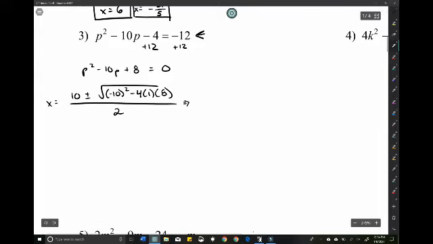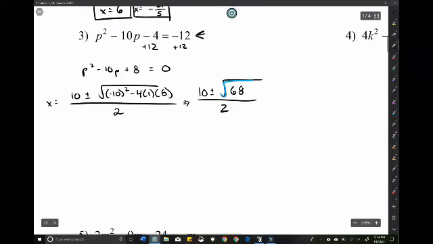Let's see what ends up happening. So 10 plus or minus the square root of negative 10 squared, so 100, minus 4 times 1 times 8, is 68, all over 2. Now, here is good old breaking up square roots back into play.